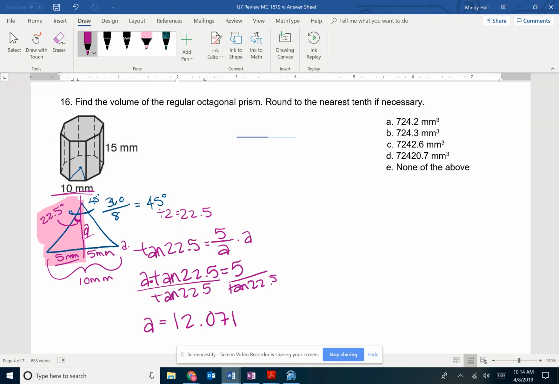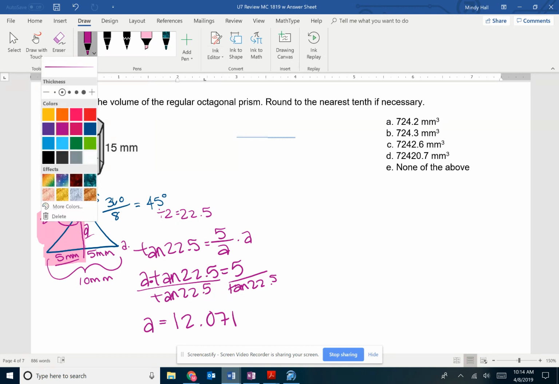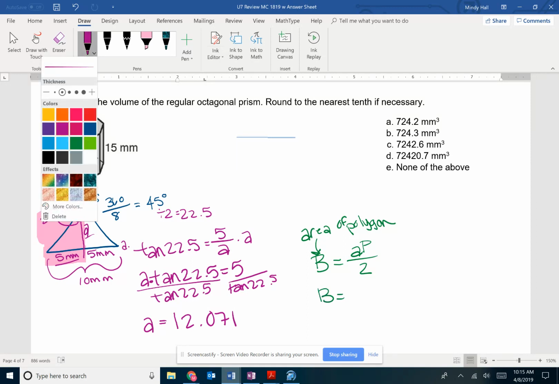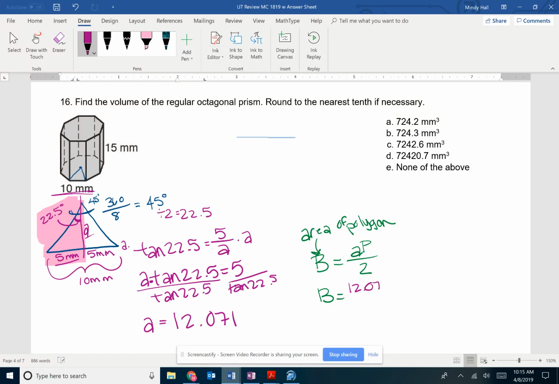Because I have that, I can go and find my actual base area. My base area is my apothem times the perimeter divided by 2. This is just the area of a polygon. So we plug in what we know. The apothem is 12.071.